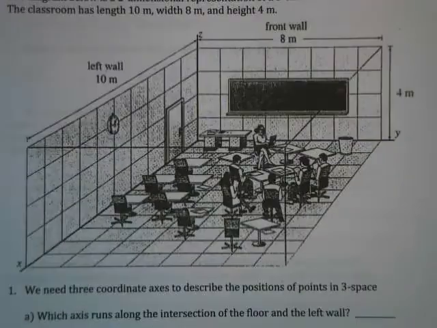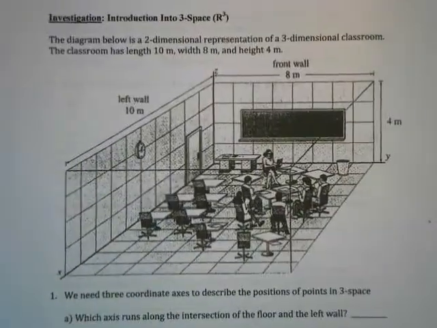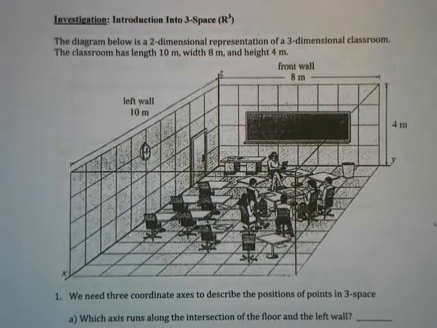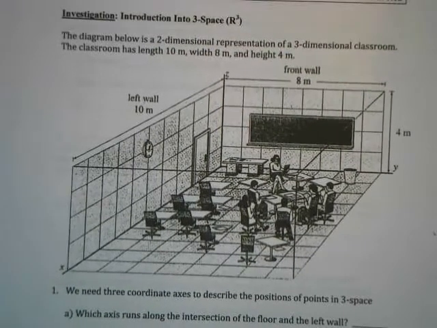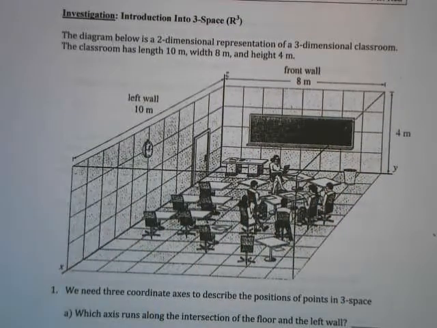Okay, I've got this exercise now to kind of introduce you into 3 space. And what this is, the diagram below here is a 2-dimensional representation of a 3-dimensional classroom. Obviously it's not going to be 3-dimensional because it's on a piece of paper.